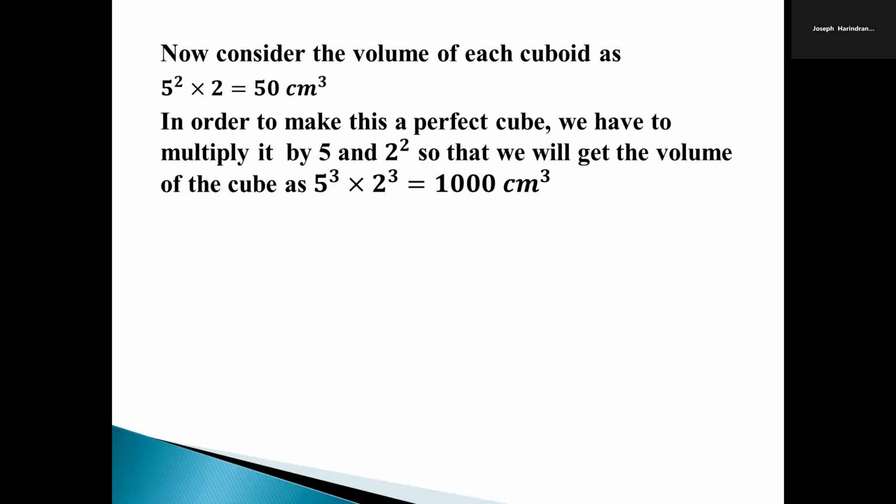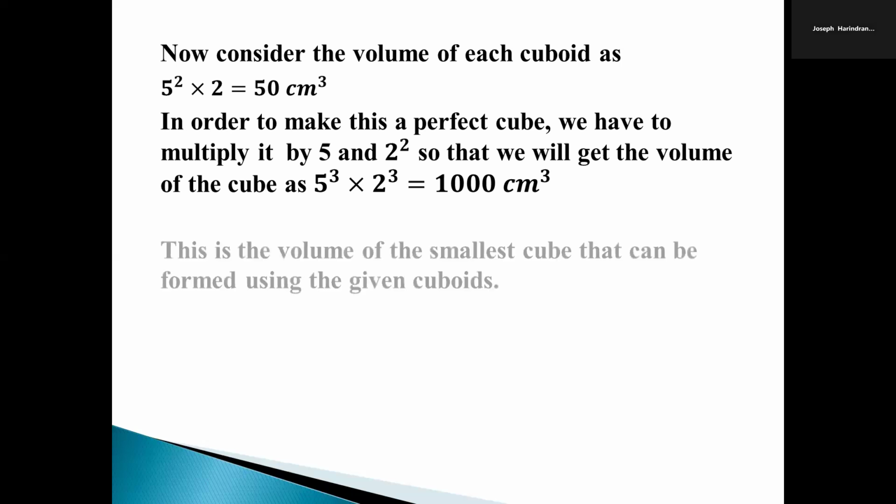And in order to make it 2 cubed, to make it a perfect cube, we have to multiply by 2 squared. So the volume of the resulting cube is equal to 5 cubed into 2 cubed, which is equal to 1000 centimeter cube, which is a perfect cube.